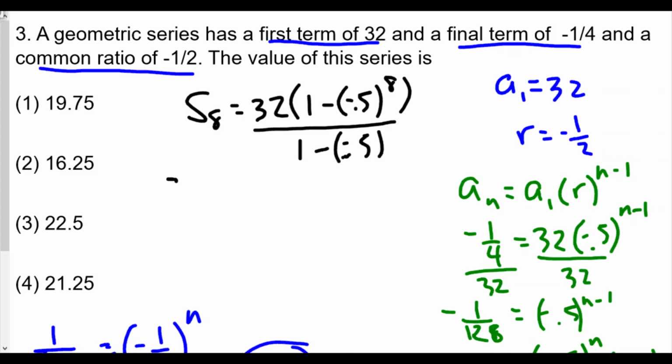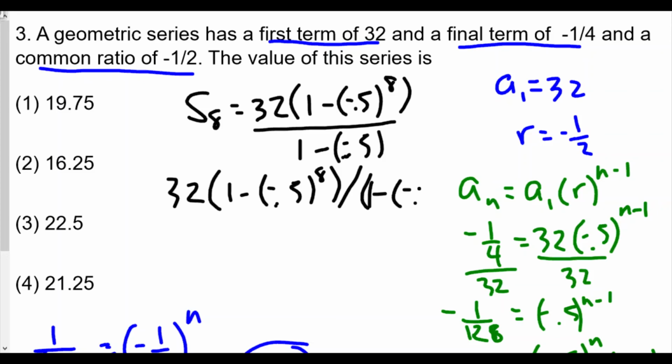So again, 32 times 1 minus parenthesis, negative 0.5, close parenthesis, eighth power, close parenthesis, divided by 1 minus parenthesis negative 0.5 close parenthesis. Oh, so much to write out. Again, our A1 is 32, our r value is negative 1/2 or negative 0.5, and our n value is 8.